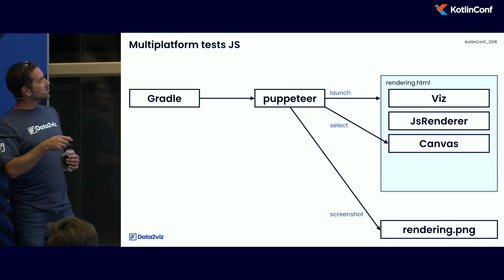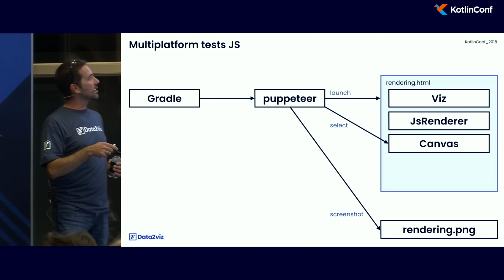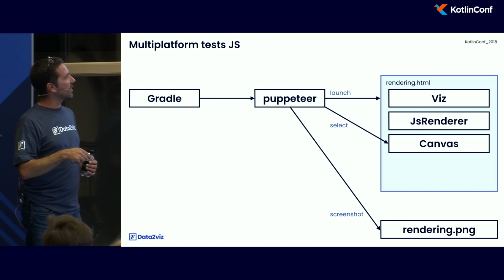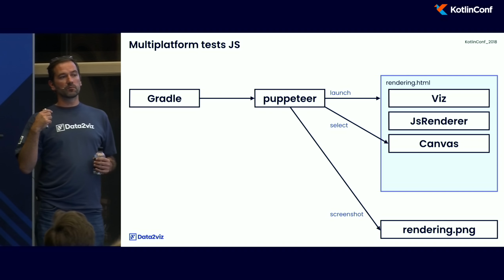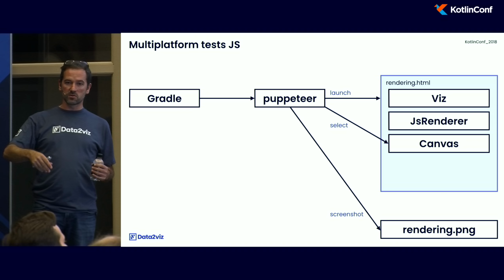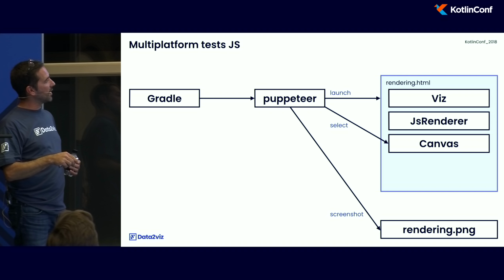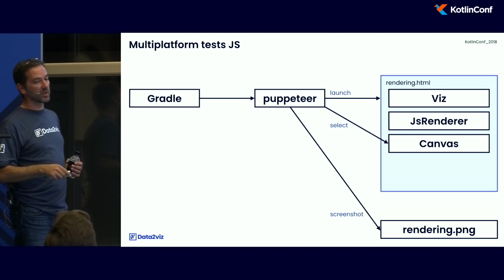Then we use Puppeteer to select the canvas element inside the page. Puppeteer has a screenshot function that can take a canvas and just do a screenshot of the element. So at the end, we have a rendering PNG file.